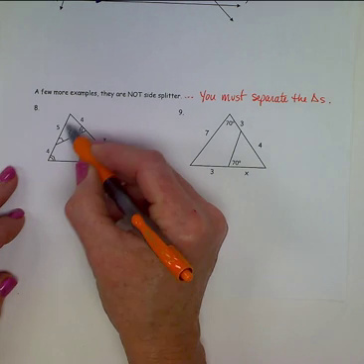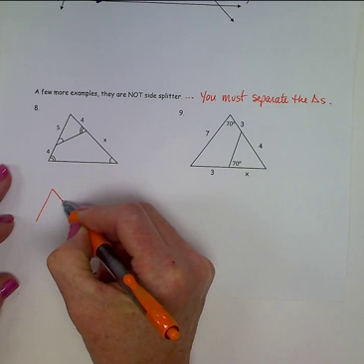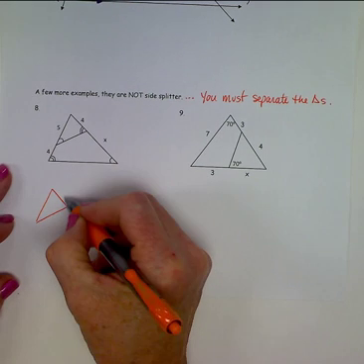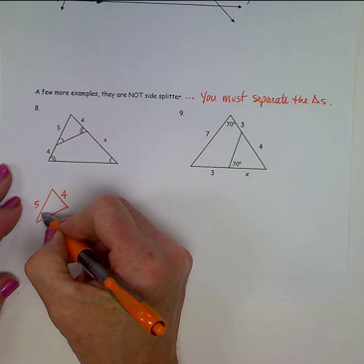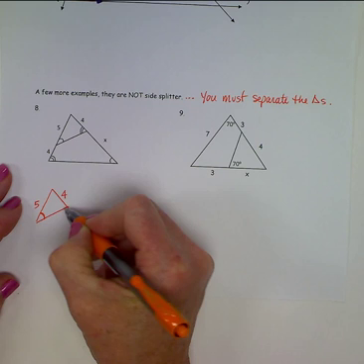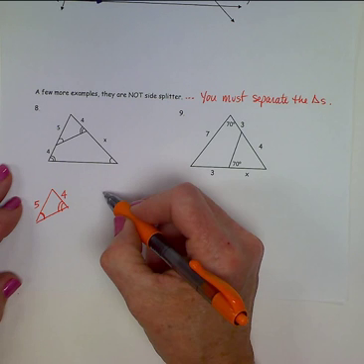So we got this little one up here. That's a 4, that's a 5. Follow the angle markings. Those are going to become important in this. There's your little triangle. Big triangle.